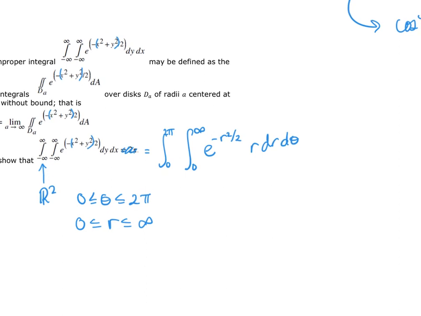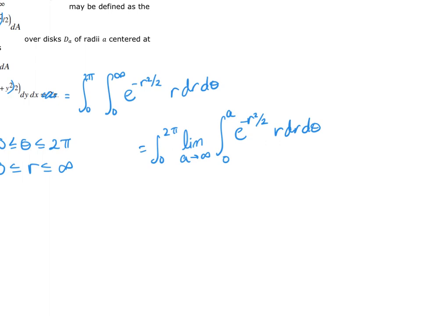So then this is going to be equal to, from 0 to 2 pi of the limit as a approaches infinity from 0 to a of e raised to the negative r squared divided by 2, r dr d theta.